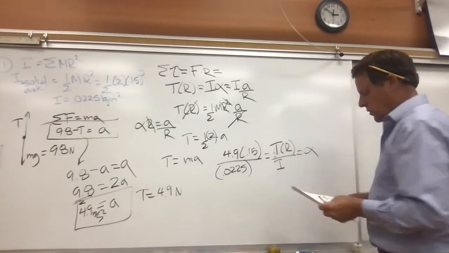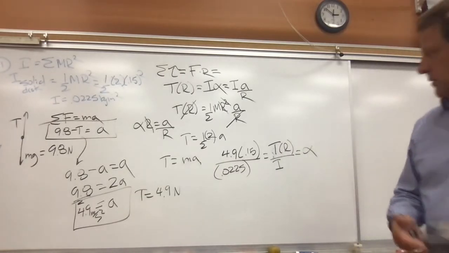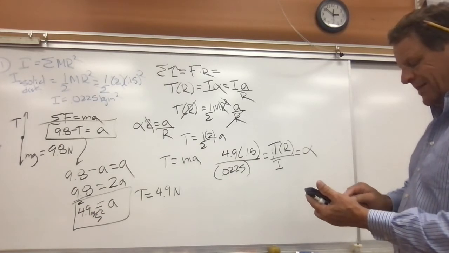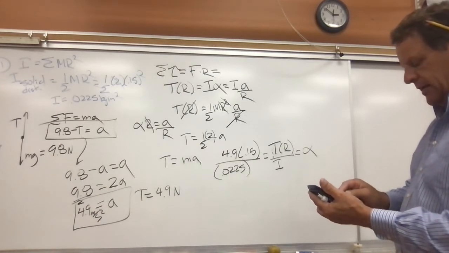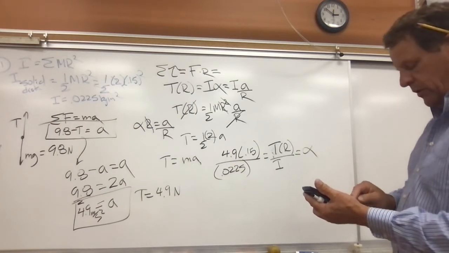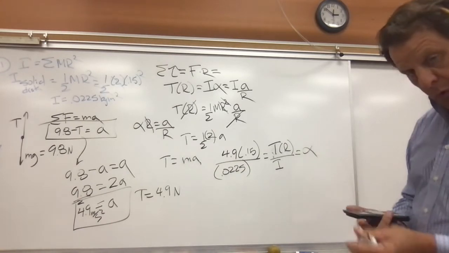And so we're going to have 4.9 times 0.15 divided by 0.0225, which gives us 32.67.